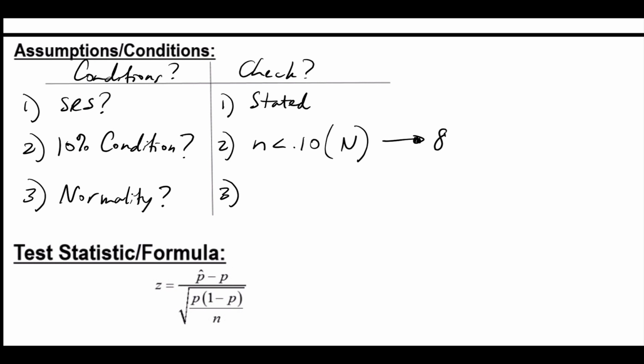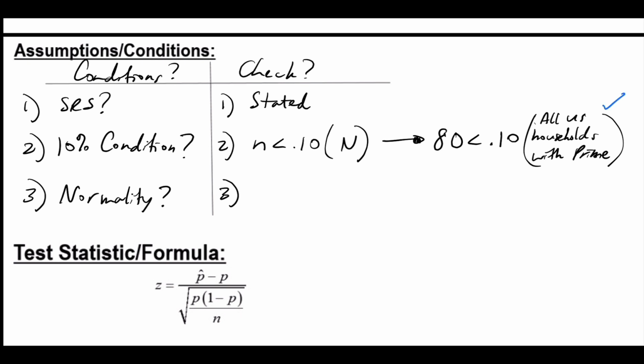Big N, we don't have a number, but what would we say in words for big N? There you go. All U.S. households with Prime. Okay.